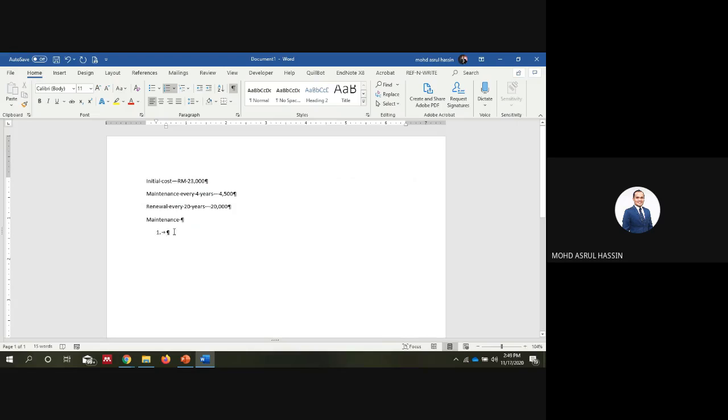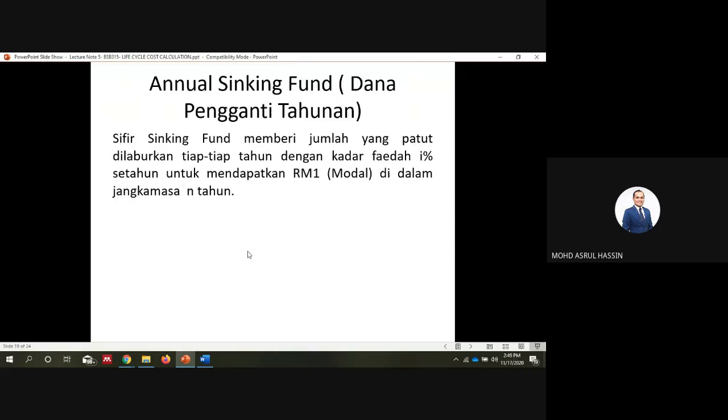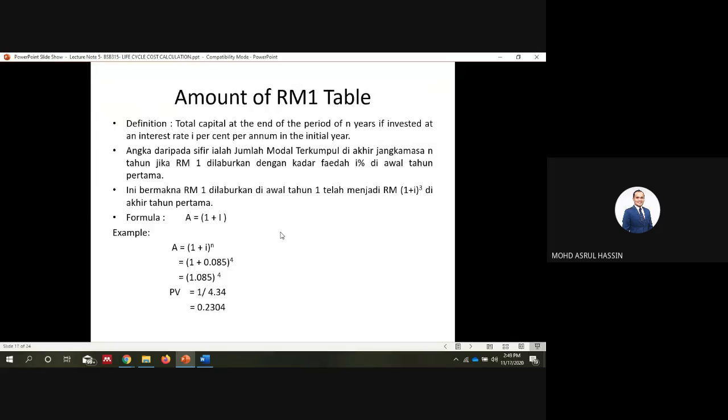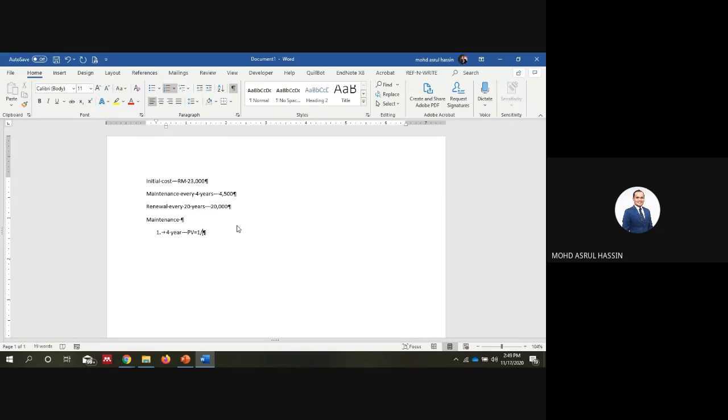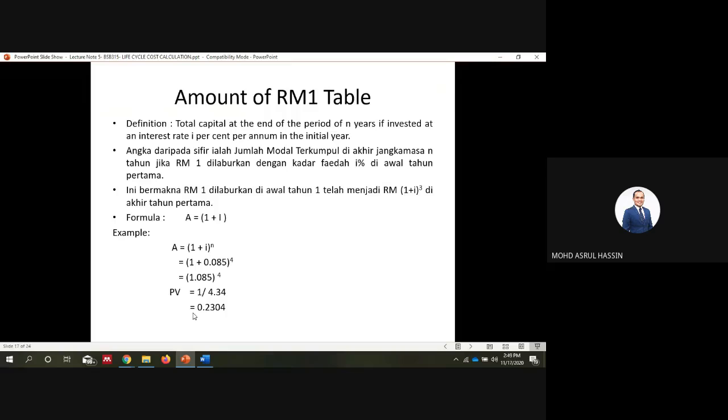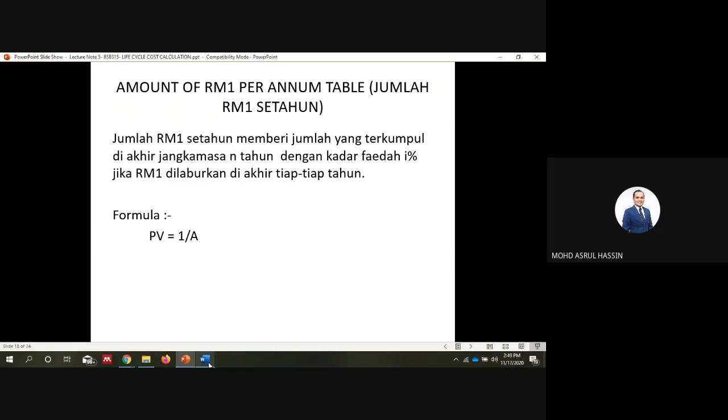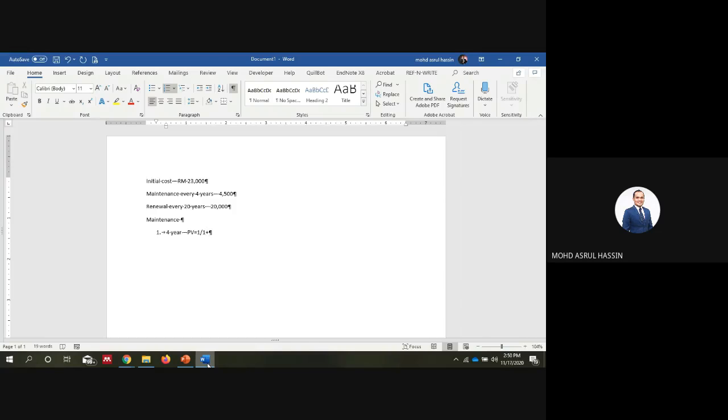Number 1 for the first 4 years. 4 years means PV equal to, we look at the formula, we use this formula, PV equal to 1 divided by A. A means 1 plus I power N.